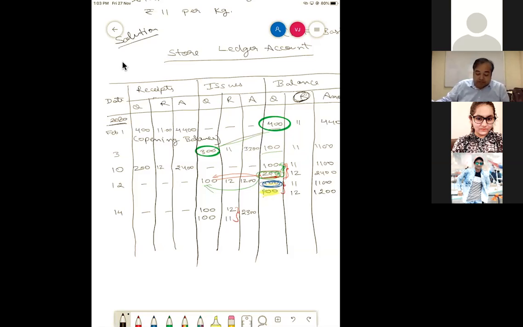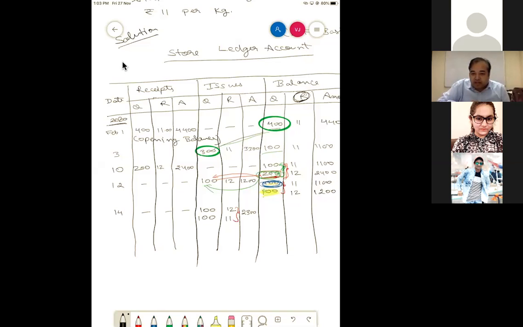Is it clear? No, sir, we are getting confused. The quantity that we are issuing on 14th February is 200. So you see the previous balance. The yellow color 100, first we will issue that. Now the balance that is remaining is 100, we will issue from the blue color.